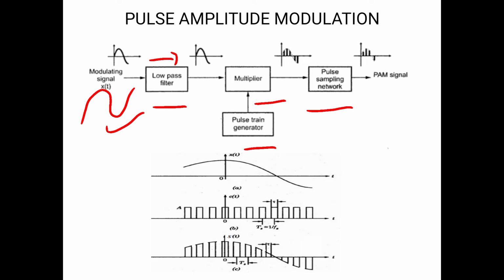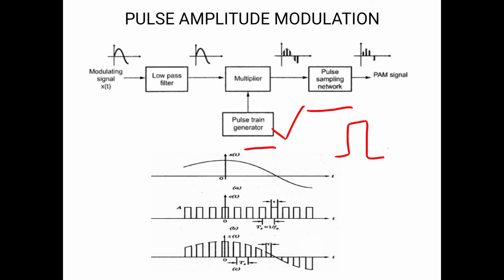This eliminates all the higher frequencies and passes only lower frequencies, and this low frequency message signal is applied to one input of the multiplier. The other input of the multiplier is the pulse train generator, which generates a train of pulses like this.